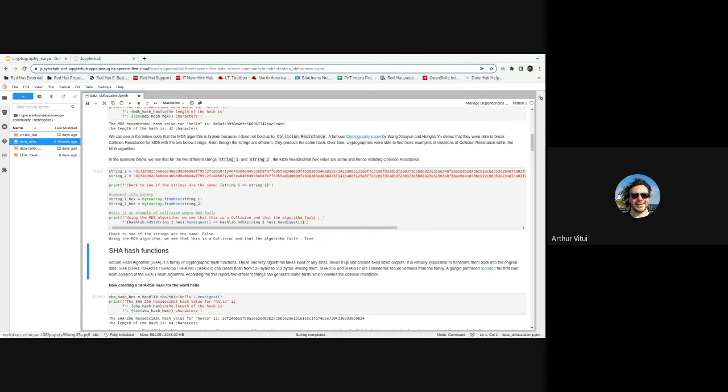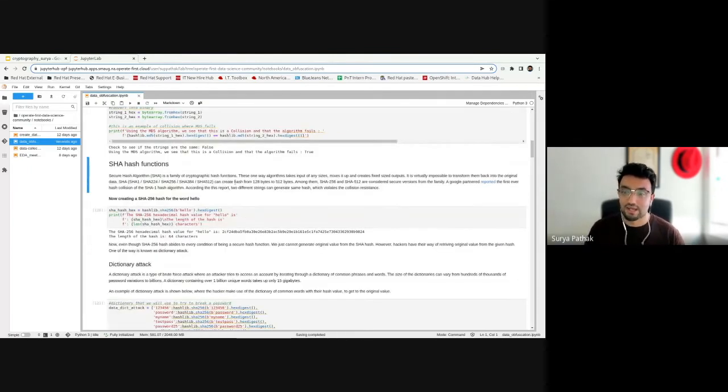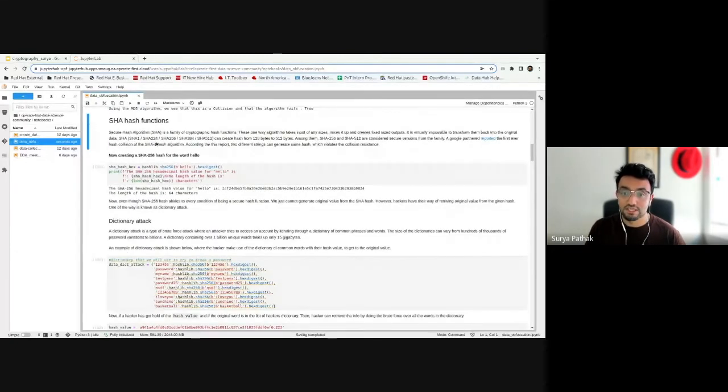So this is an example of two strings having the same hash values, which is bad for MD5. Now another family is SHA-1, SHA-224, SHA-256, SHA-384, and SHA-512, the families of secure hash algorithms, commonly known as SHA.